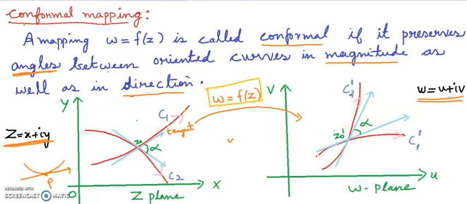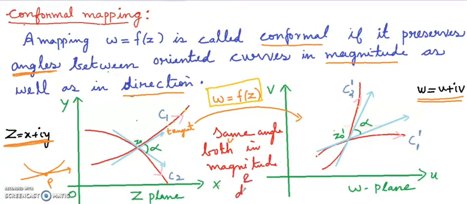So here, let me write that same angle, both in magnitude and direction. So if you are measuring the angle in this direction, you can measure in this direction too.